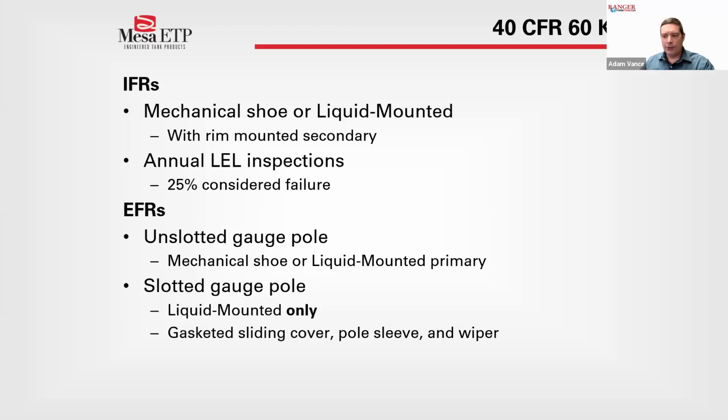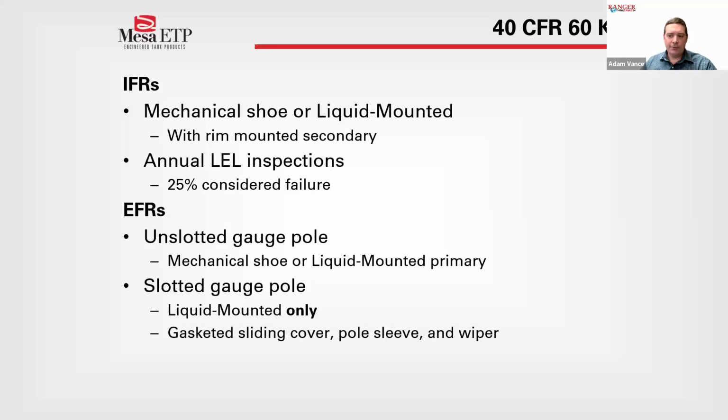So the restricted flow with unslotted gauge poles also impacts the height of the fluid. The height of the fluid in the unslotted gauge pole may not be the same height as the actual floating roof, and could lead to incorrect estimations of floating roof location.